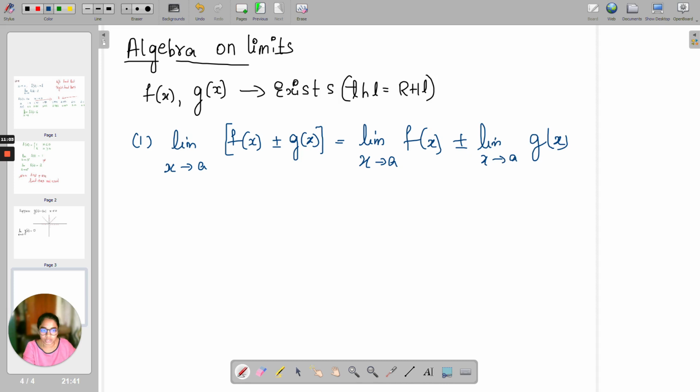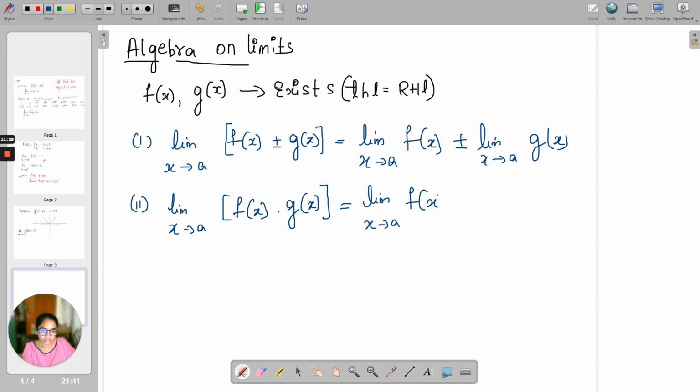Okay. Second one, limit x tending to a, f of x into g of x would be equal to limit x tending to a, f of x into limit x tending to a, g of x.